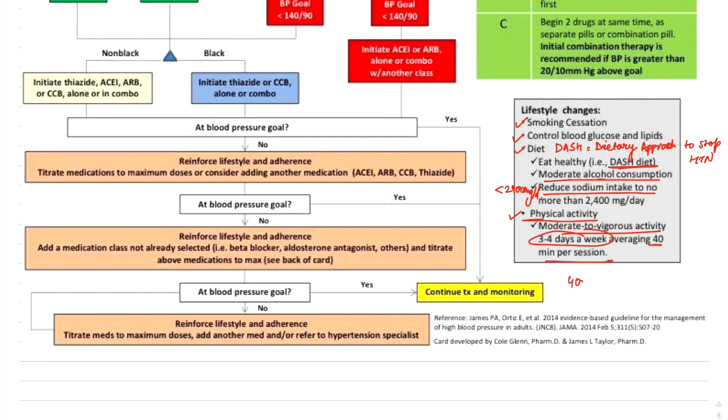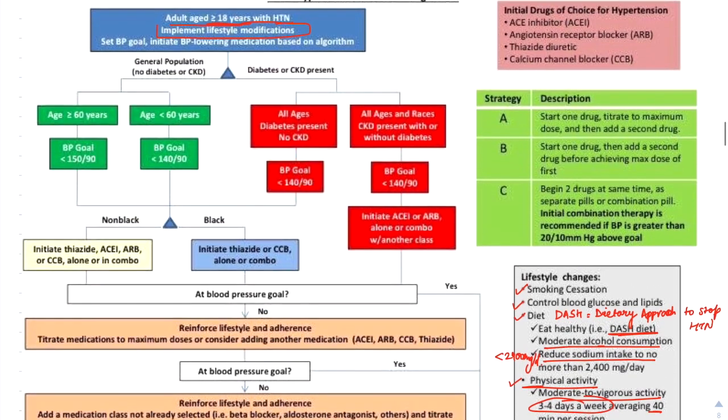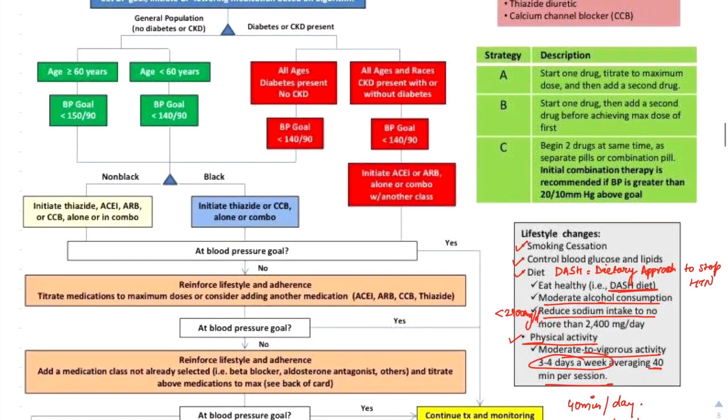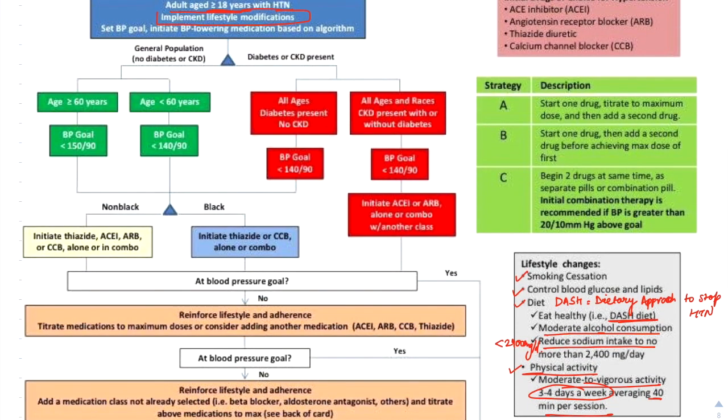That is 40 minutes of exercise per day, at least 3 to 4 days per week, to maintain a healthy lifestyle. So these are all the lifestyle changes that need to be adopted in order to bring hypertension to a normal level.